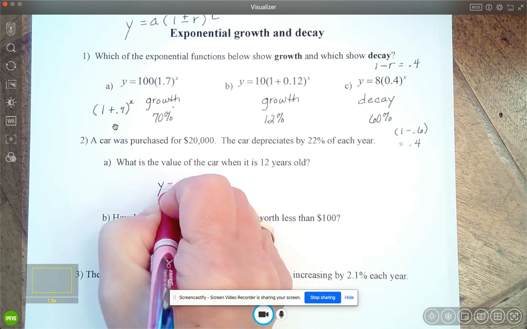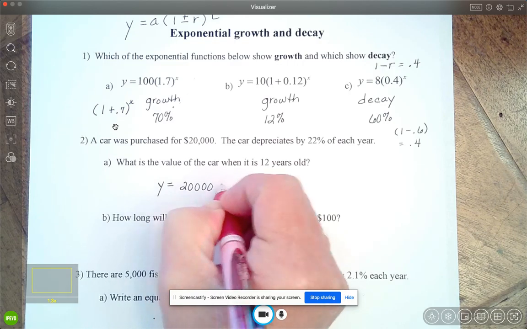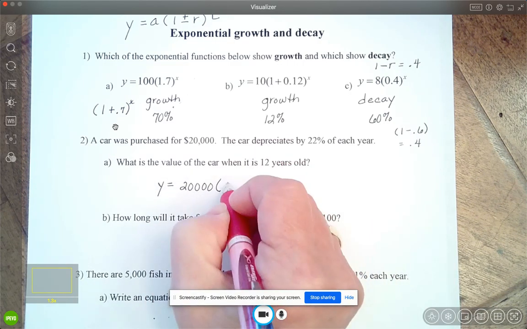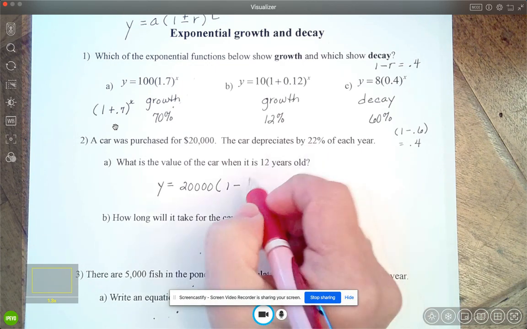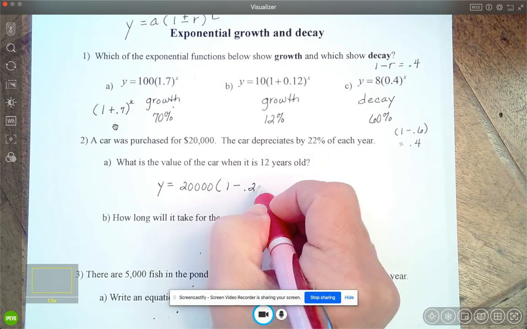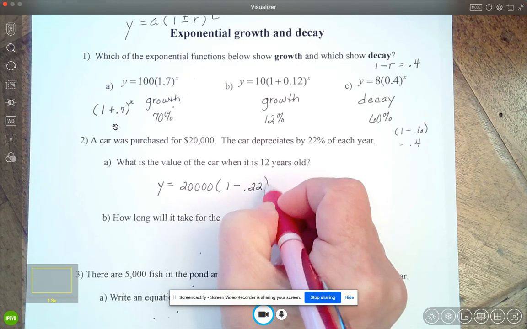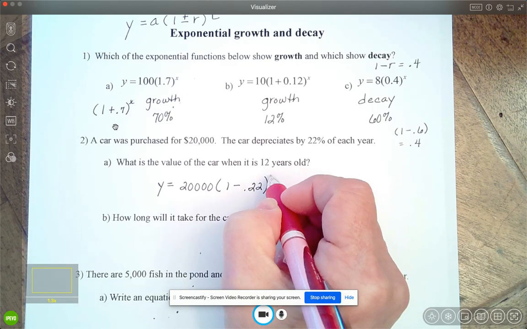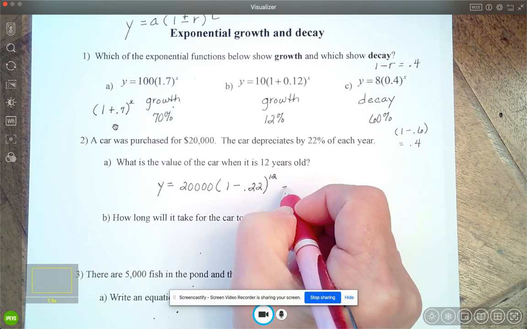Y is equal to, my initial amount is $20,000. It depreciates, so that's going to be a minus. 22% is going to be 0.22, okay, or 22 divided by 100. And I want to know in 12 years what it is going to be.